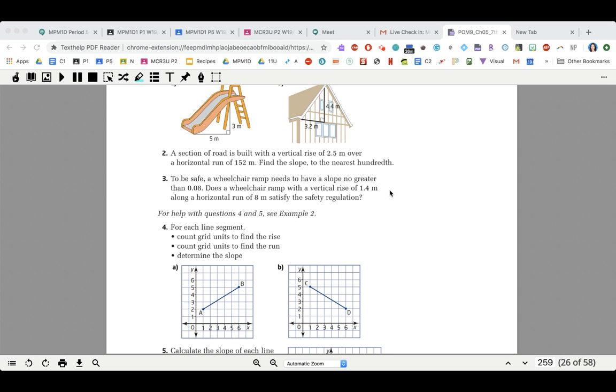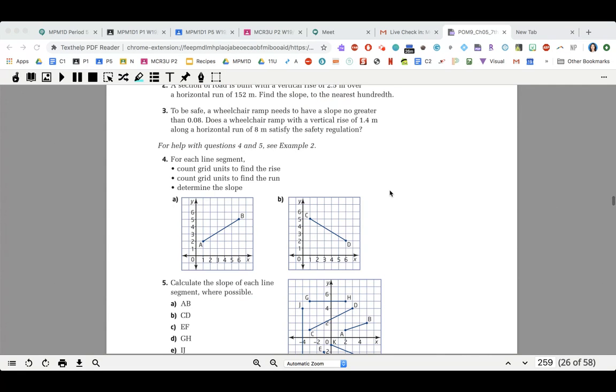So if you have a higher number for the slope, the steeper that is. So a wheelchair ramp with a slope of 0.175 is higher than 0.08. And so you would say, okay, this wheelchair ramp does not satisfy the safety regulation because it has a slope of 0.175 versus 0.08.